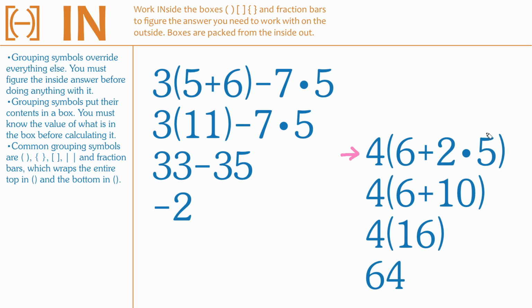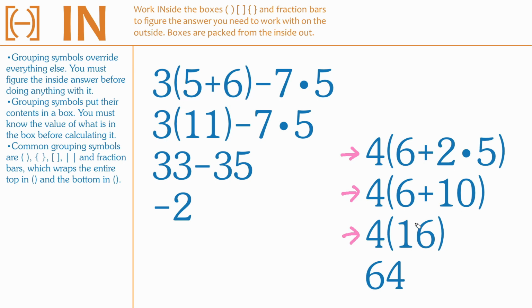So inside, I have to do the 2 times 5 before I can combine it with the 6. So down here, I'm inside, and there was no inside the inside. There were no functions inside, but there was multiplying inside, so I get 10. 6 plus 10 now on the inside gives me 16.